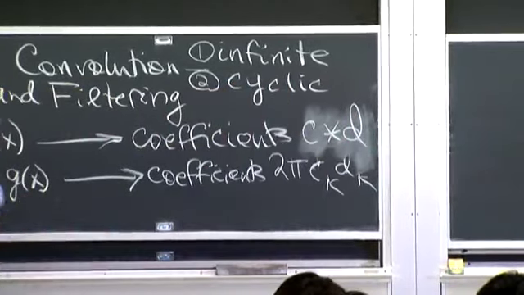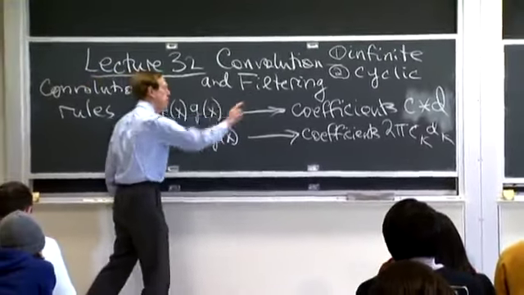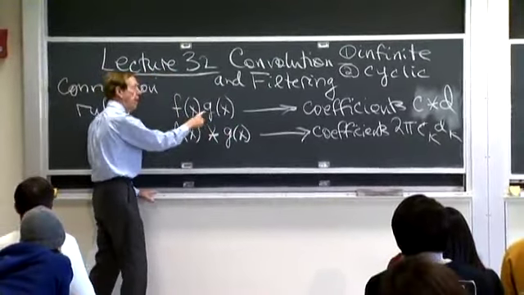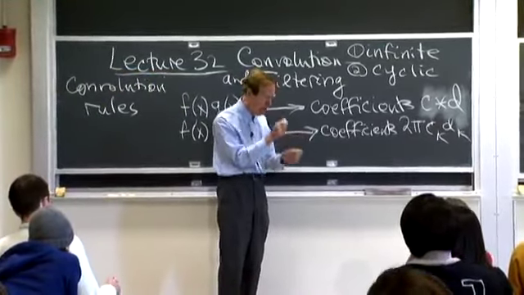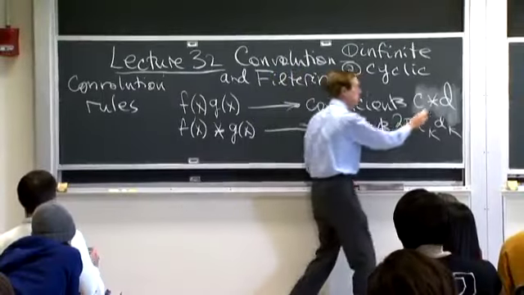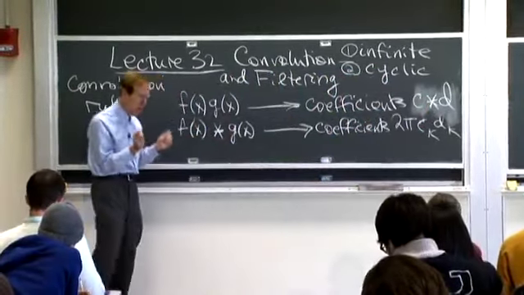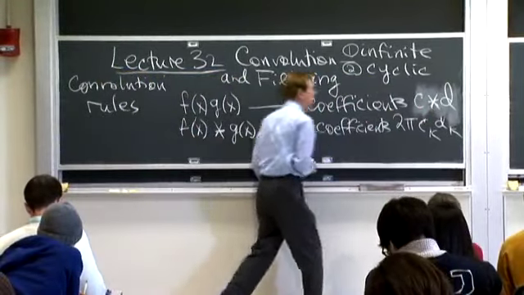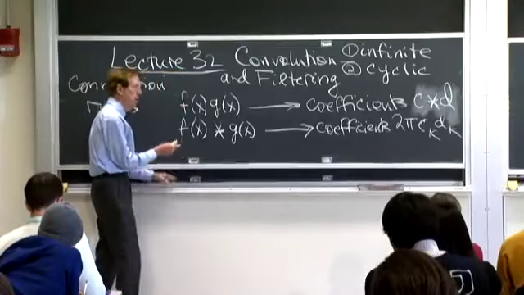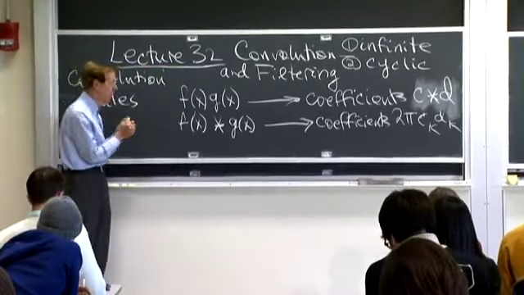So if I multiply the functions, I definitely do not just multiply each c times the d. I do this convolution operation, which we have to remember. That's our main first step. And then this is the other direction. We didn't see this before.